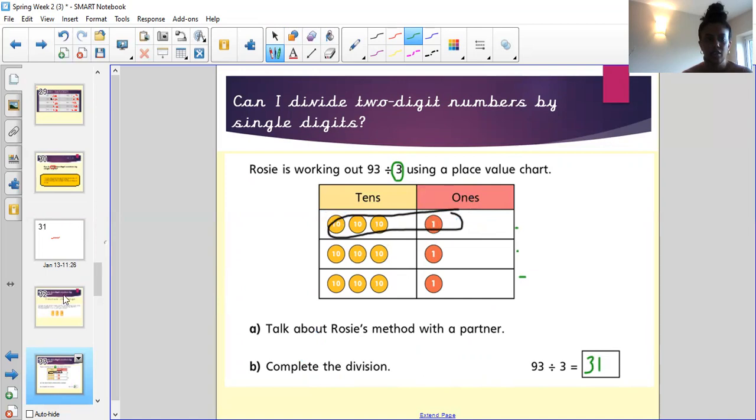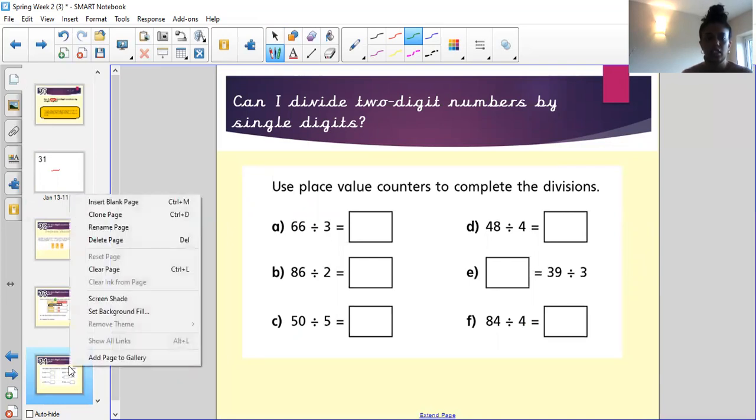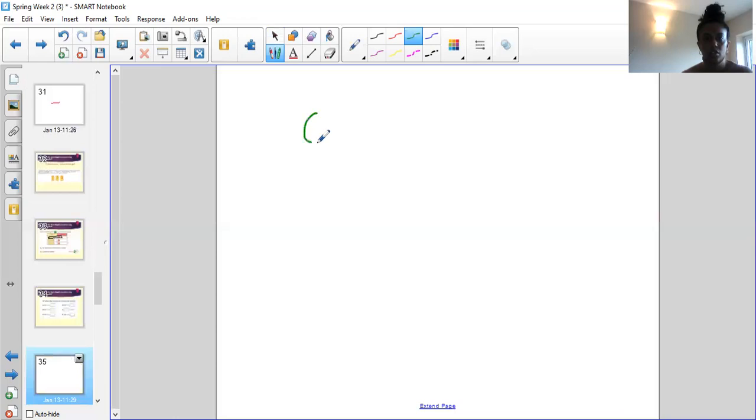So let's take a look at another question. So we've got 66 divided by 3. So if I just add in a blank page, so we're going to do 66 divided by 3 equals.